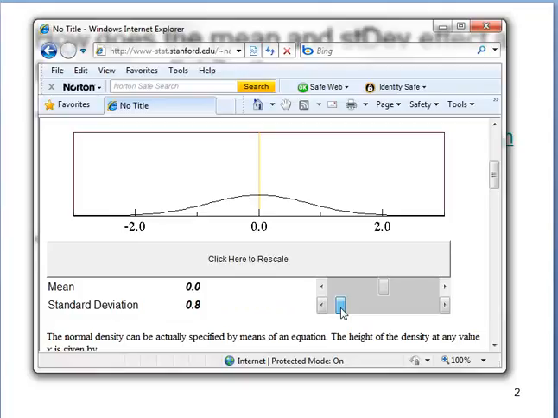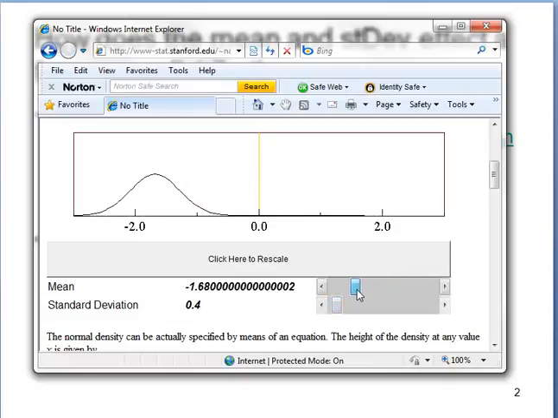The further out the standard deviation, the flatter the curve. When you have a very small standard deviation, the curve is much more pronounced. And if we end up slightly off center, the mean is going to change it.